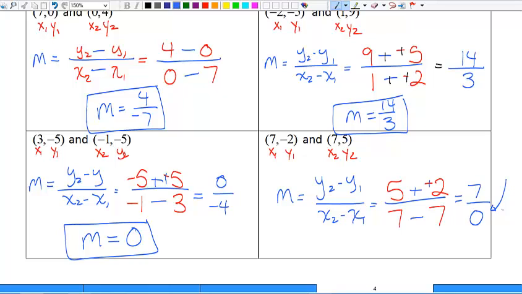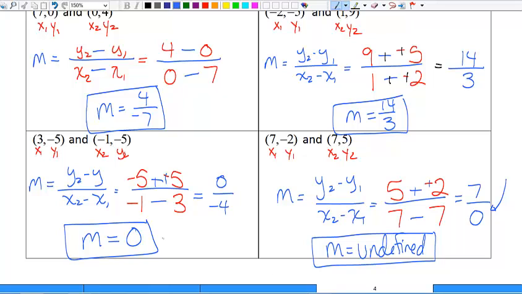Now that is a problem. We can't take 7 items and divide it into 0 groups. If you take 7 things and try to put it into 0 groups, you can't. You have at least 7 things. You have to put them in a group. You can't divide it into 0 groups. That's just not defined. So in this case, m is undefined, which is going to be a vertical line.